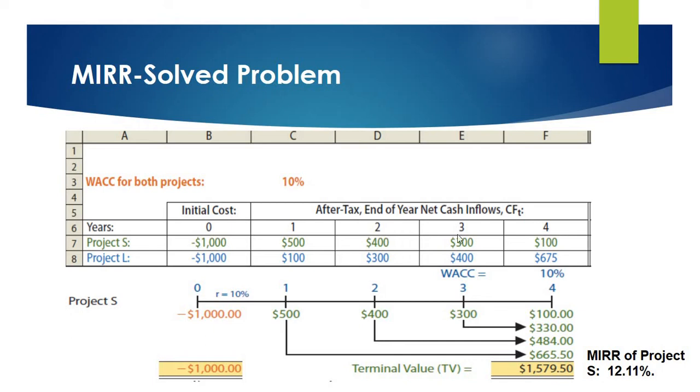If MIRR is more than the cost of capital, the project will be accepted, and if MIRR is less than the cost of capital, the project will be rejected. So project S is accepted because its MIRR is more than 10%, which is the project's cost of capital. The same way, we can also find the MIRR of project L, and then we can compare project S and project L. So that's the formula of MIRR.